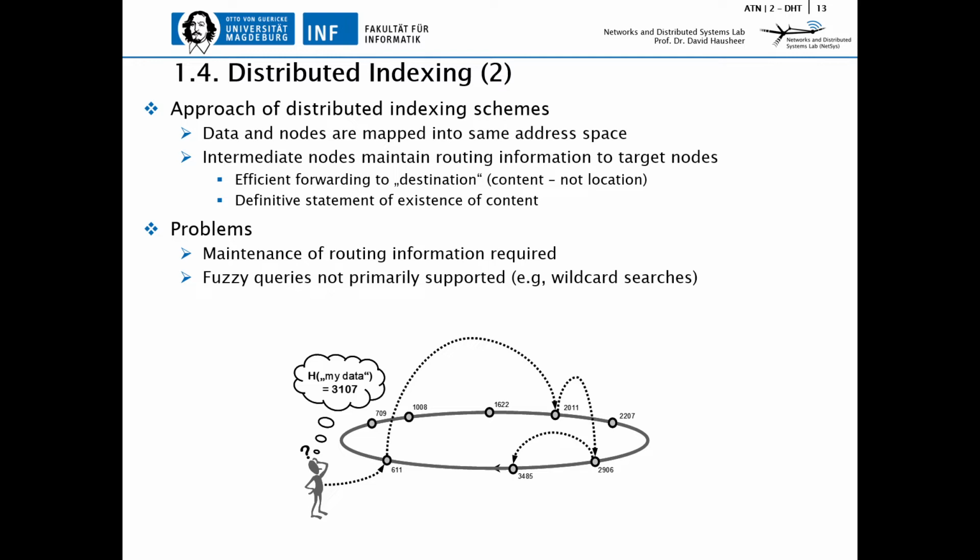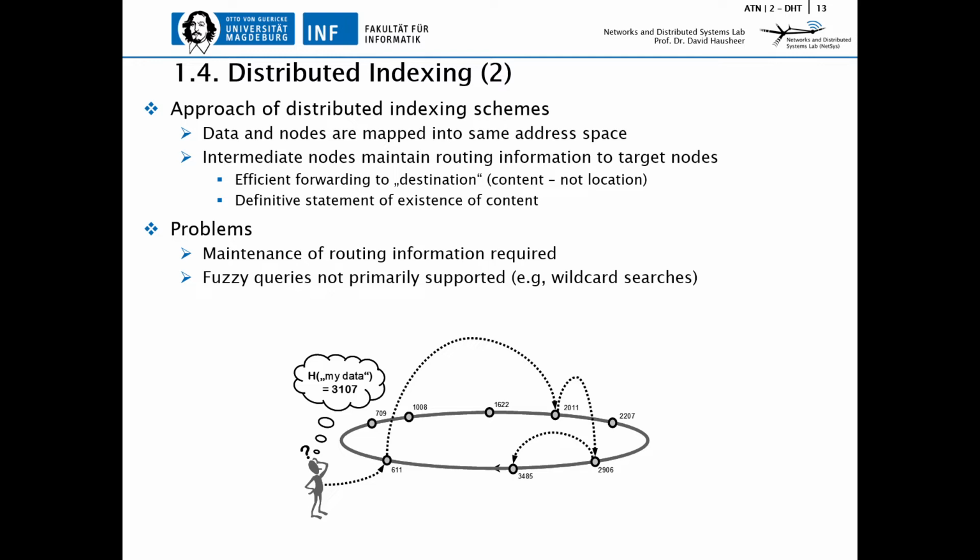And the intermediate nodes that are responsible for forwarding the corresponding queries until the target nodes are reached need to maintain routing information so that the forwarding of those queries to the respective destination, in this case a specific content or data item, not a location as such, can be done efficiently, and a definitive statement about whether or not that content exists can be made.